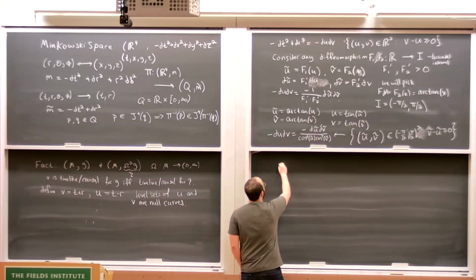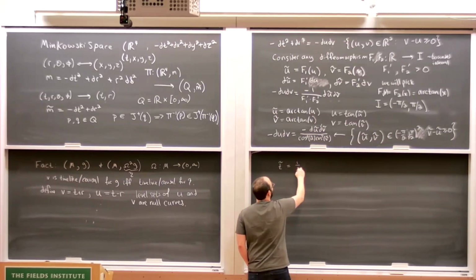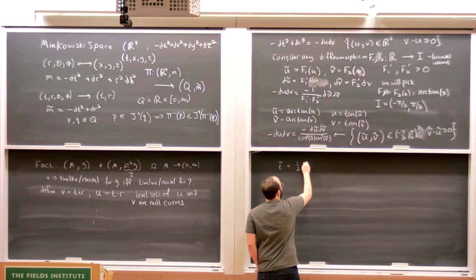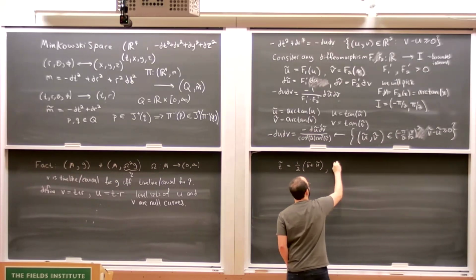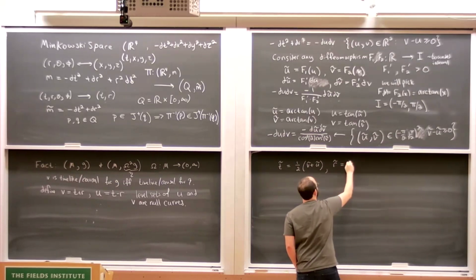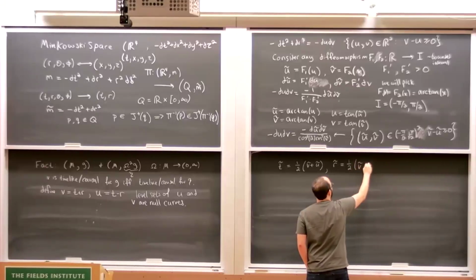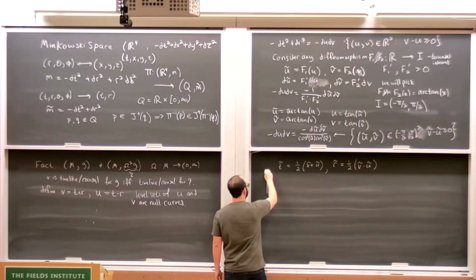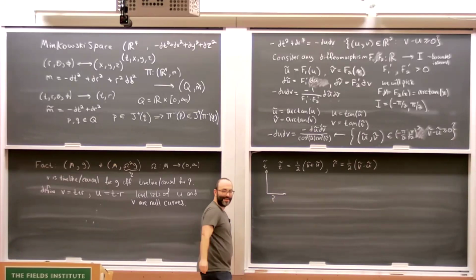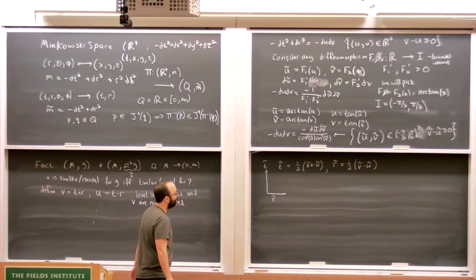So if you make t tilde to be 1/2 v tilde plus u tilde, and r tilde to be 1/2 of this, I can then, thinking of this as the t tilde direction, that is the r tilde direction, I can draw the domain.